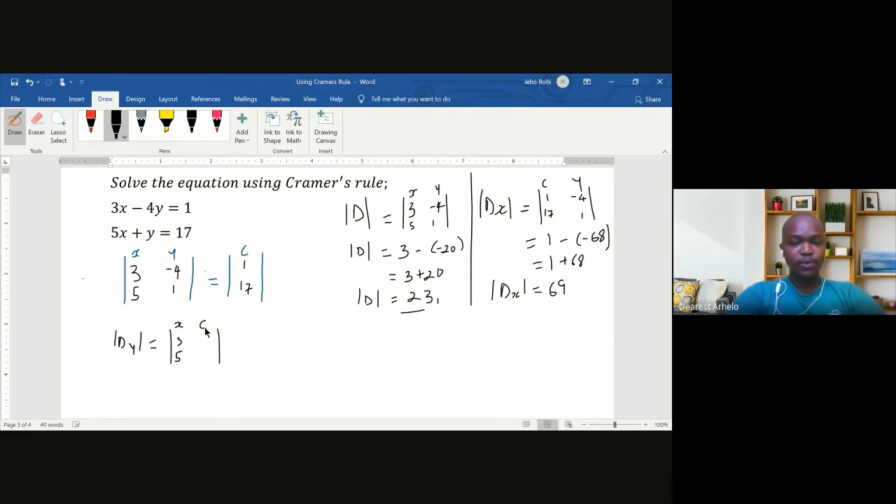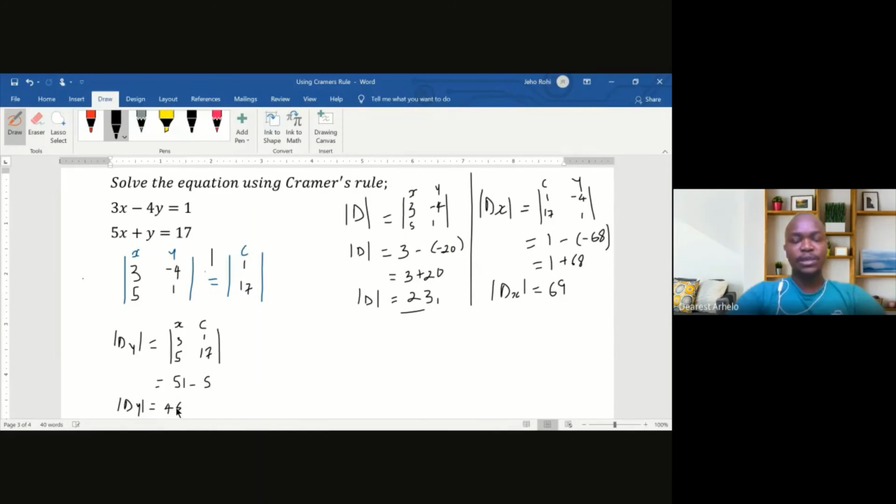For the constant, we have 1 and 17. Okay, so we find the determinant of this 2 by 2 matrix. 3 times 17 is 51, minus 5 times 1 is 5. So therefore, the determinant of dy is 51 minus 5, that gives us 46.